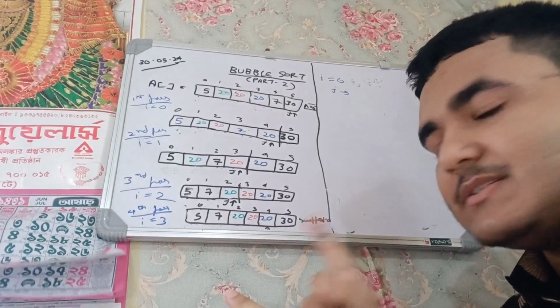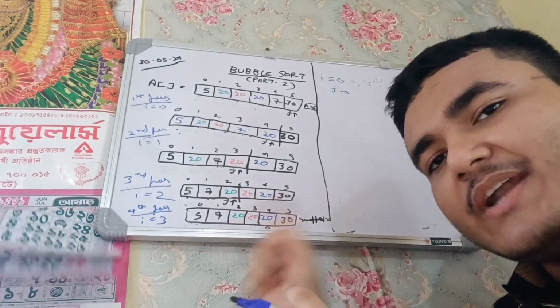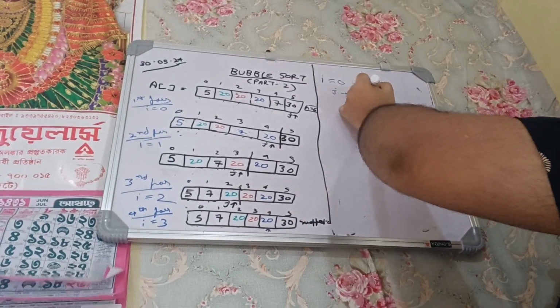That means n minus 0 minus 1, so j has to do n minus 1 iterations, right? So n minus 1 times.